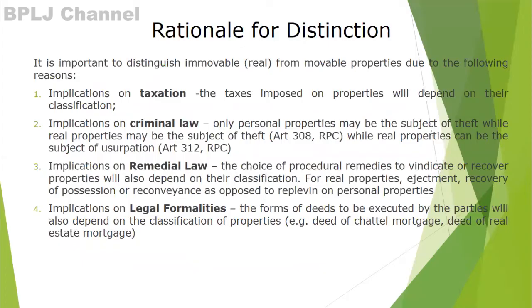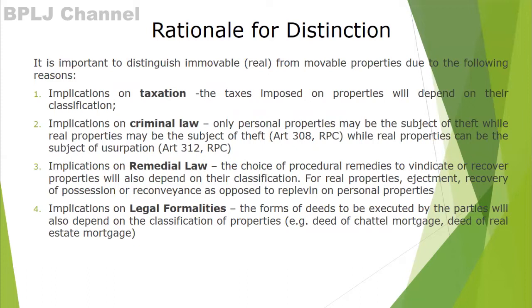Now, you may ask, what is the reason? Why is it that we need to know the distinction between movable and immovable properties? Because there are certain implications. An example of which is the implications on taxation.